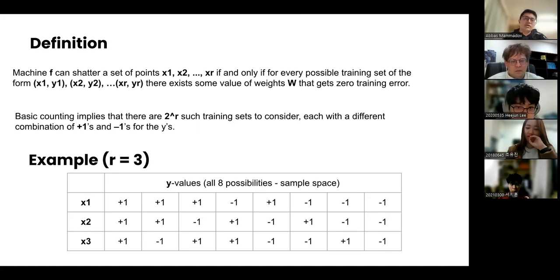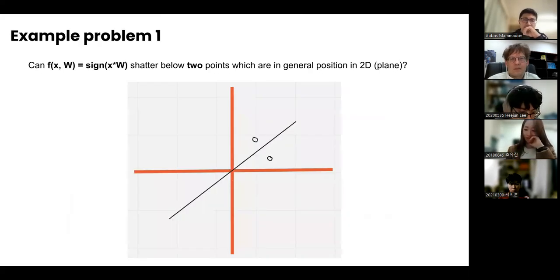If we consider the example when r is equal to 3, we can see there are just 8 possibilities. All of them are +1, one of them is -1, two of them are +1 and two are -1, one of them is positive, and all of them are negative. It's just for intuition how we are splitting the 3 points into different possibilities.